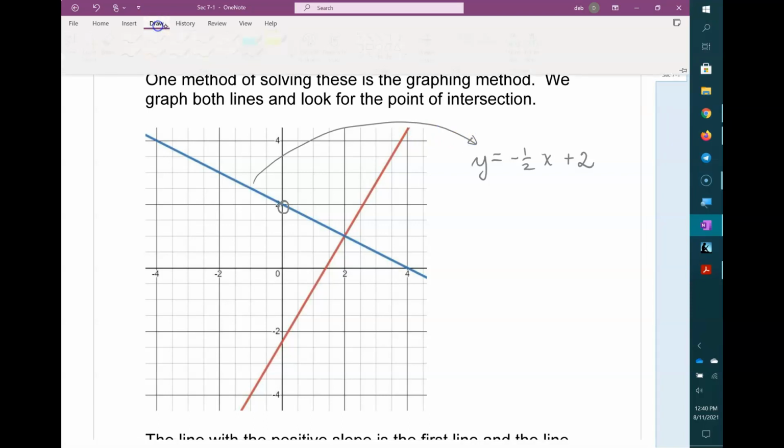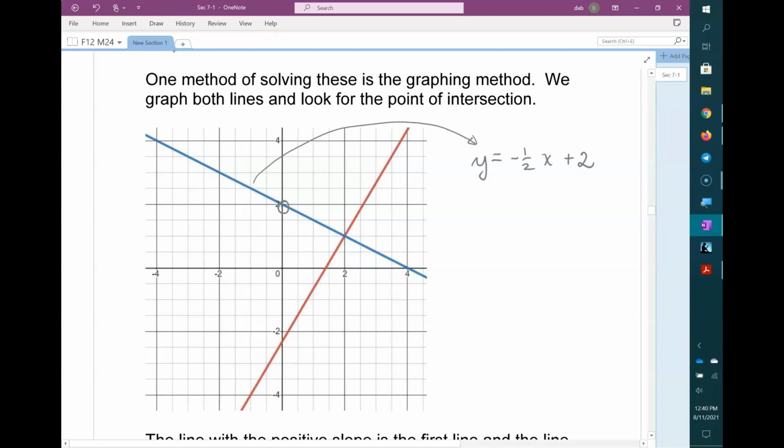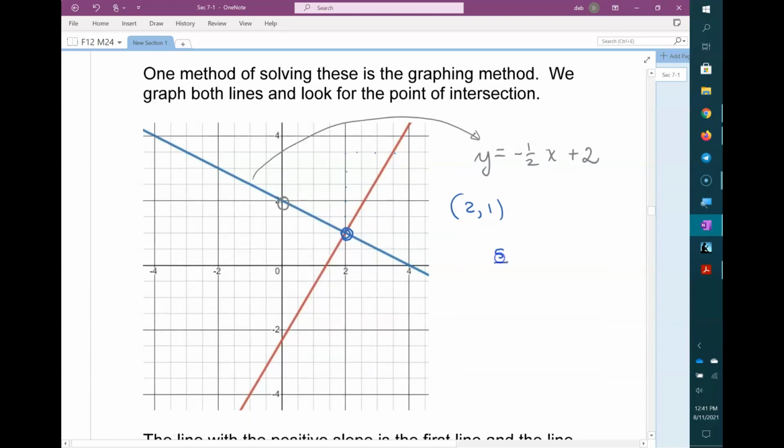And then the red line's equation, let's see, that one's going to be a little harder, but we can see that (2, 1) is the solution. And then from that solution point, the red line has a slope of up 1, 2, 3, 4, 5 over 3. So it has a slope of 5/3 x.